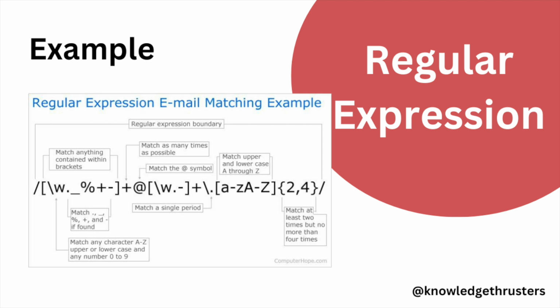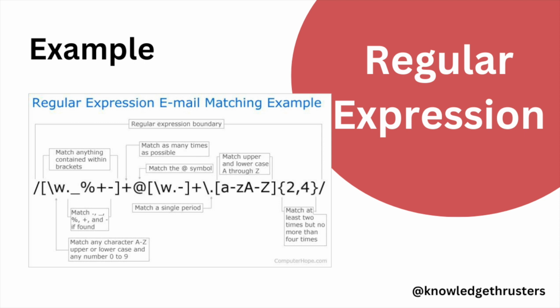Then again square brackets, which will match upper and lower case A to Z. The last part is match at least 2 times but not more than 4 times, because we could have, let's say, .co.in, so 2 times is also possible. So that's the very basic example I have just shown you to explain how regex looks and what the meaning of all these symbols is. In detail we will be going into them in further videos.